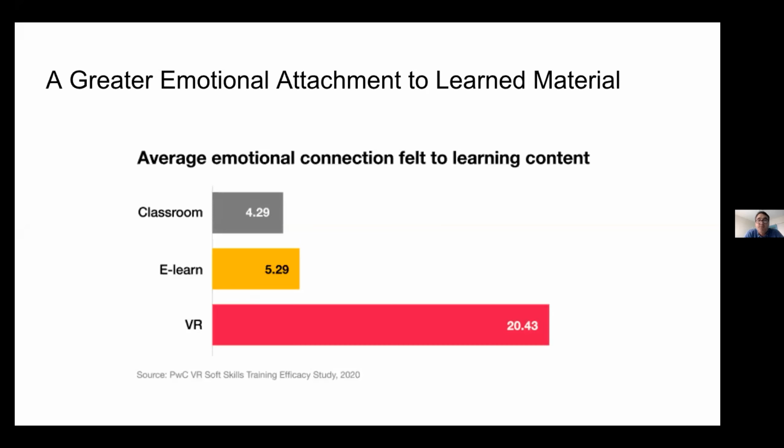One of the reasons they remember it is because of the emotional attachment to the learned material. So they measured the average emotional connection to the material that was learned. On this scale, classroom learning was 4.29, e-learning was 5.29, but virtual reality was almost 4x more than e-learning. Let's say you're learning history, and one of the experiences we're working on is the African-American journey. It's one thing to read about slavery.